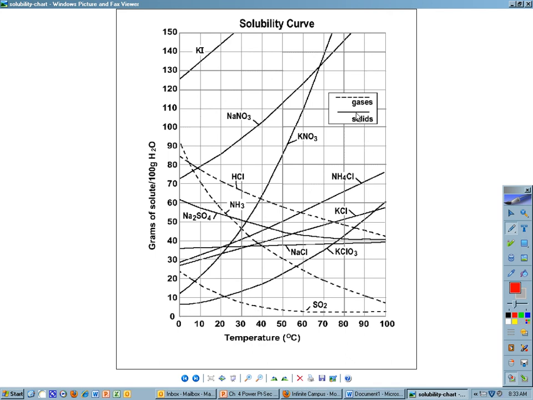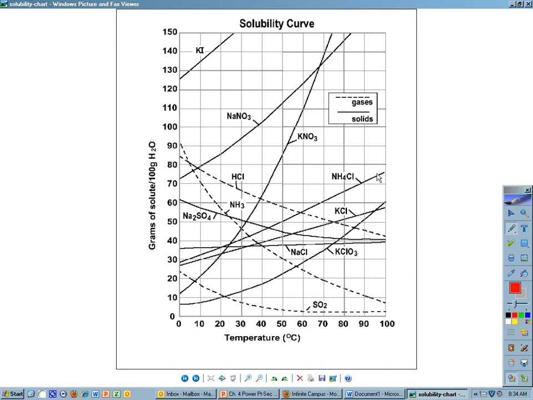Notice that the solid lines represent solids. So if the line goes up, what happens to solids as temperature goes up? Do they dissolve better or worse as temperature goes up? Better. Okay? Because this means at 90, I've got more stuff that will dissolve than at 70.